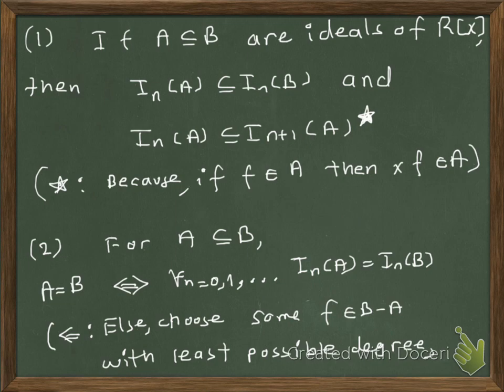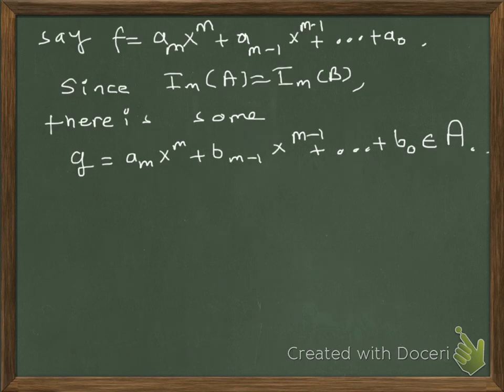Okay, assume the right hand side of the equivalence, and assume contrarily that A is not equal to B. Then you could choose some polynomial in the difference of B with A with the least possible degree. Let's call it f. Let's say f is in this form, and a_m is its leading coefficient.